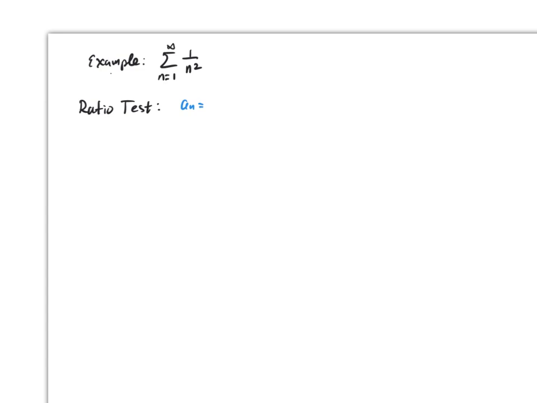Notice that an is 1 over n squared. So therefore, an plus 1 is going to be 1 over n plus 1 squared. So if you do the ratio of an plus 1 over an, this will give you n squared over n plus 1 squared.